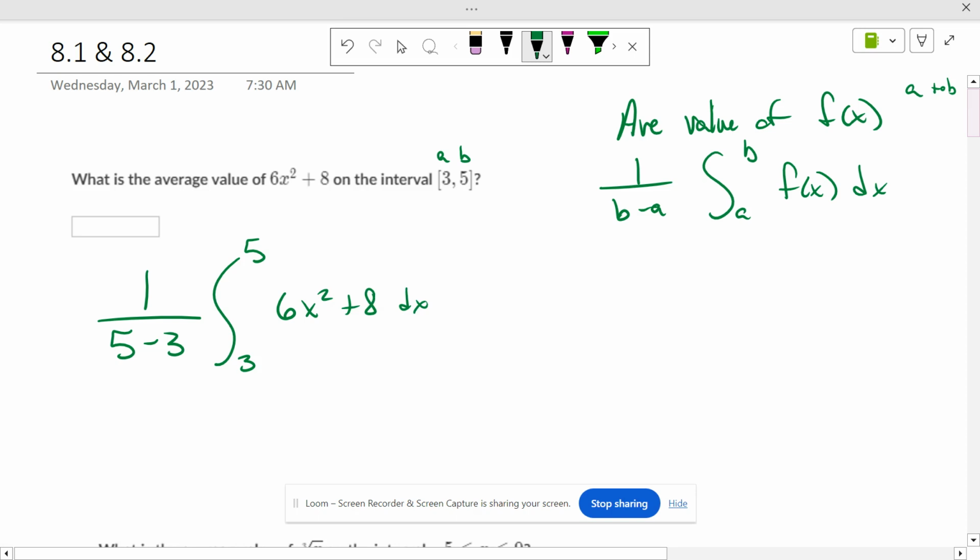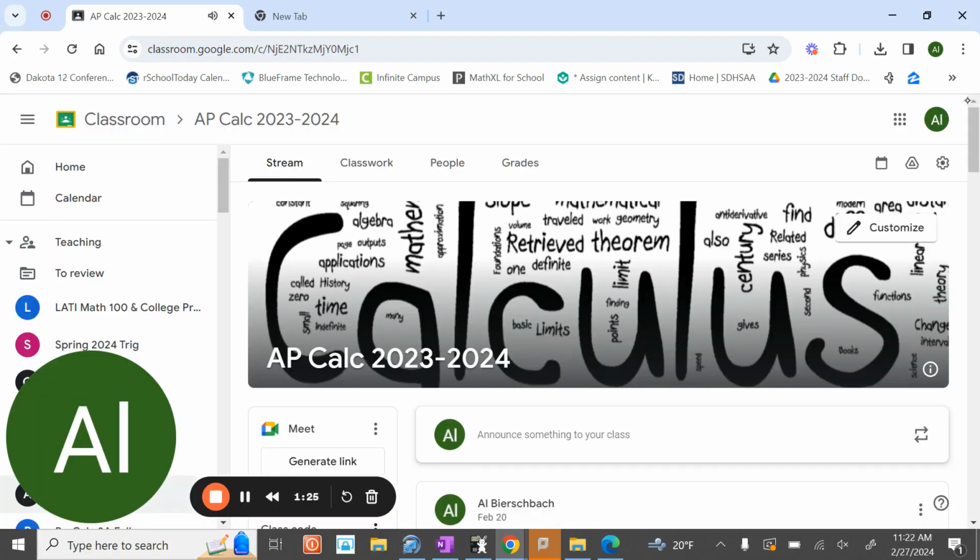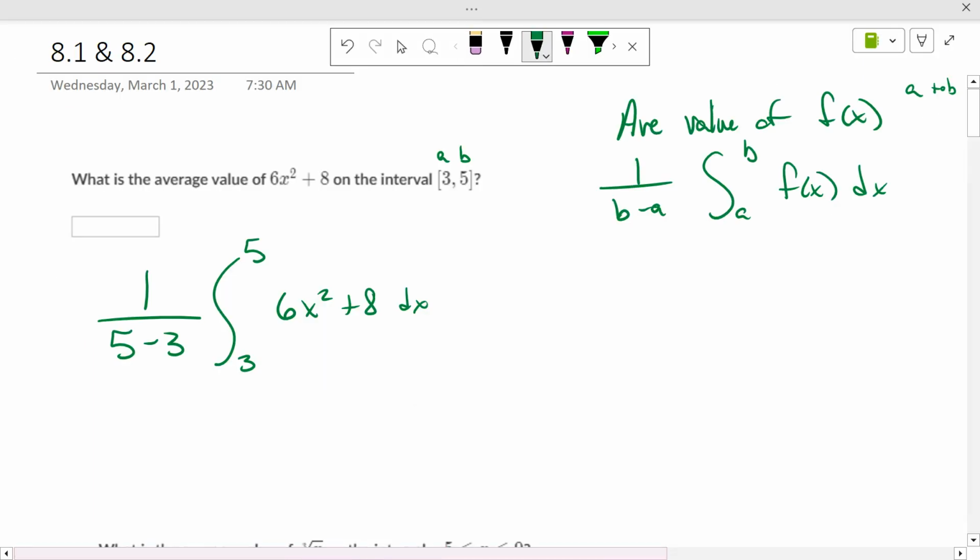Now there's going to be no c because you have numbers there, which makes it a definite integral. So this is 1/2. If we integrate this, 6x squared becomes 2x cubed plus 8x from 3 to 5.